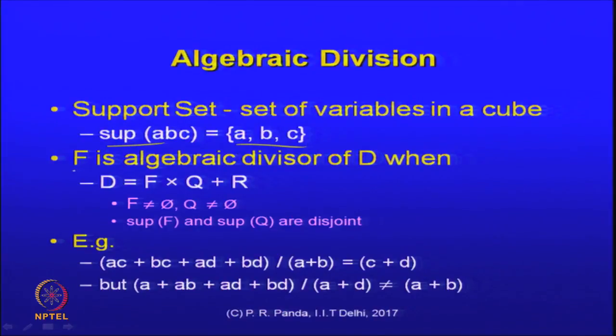So, we say F is a divisor of D if I can express D in terms of this: F times some quotient plus some remainder, where F is not null and Q is also not null.